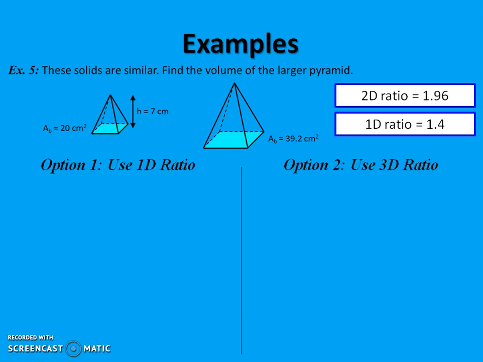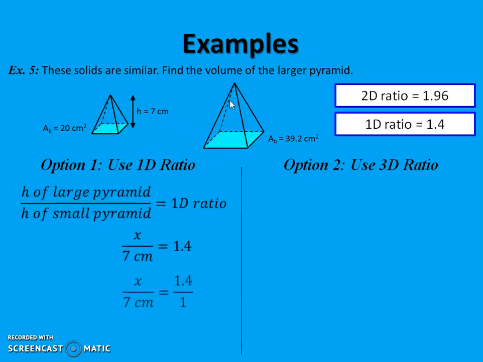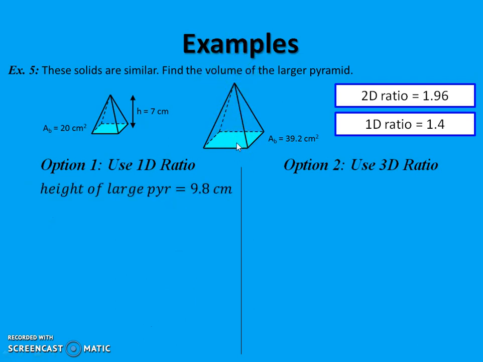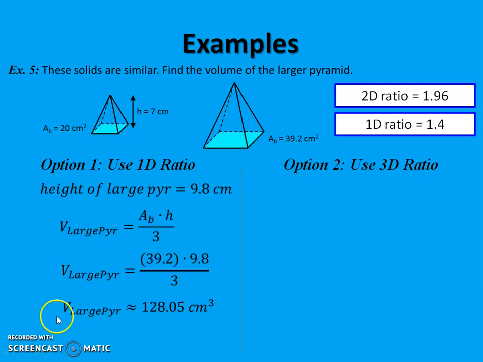Either one should work out the same, but just to show you, suppose we use the 1D ratio. I would find the missing height here. It works out to be 9.8. It makes sense. This one is larger by a factor of 1.4. It should be a bigger number. Then I would find the volume, area of base times height divided by 3. That works out to be about 128.05 centimeters cubed.